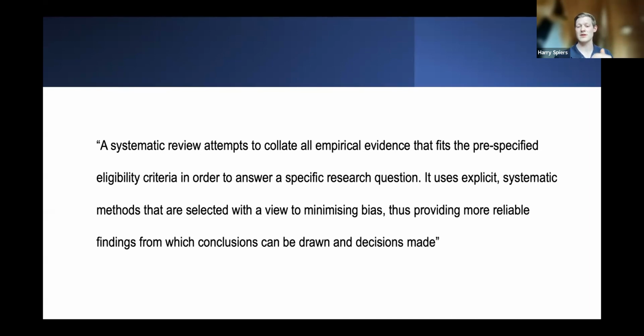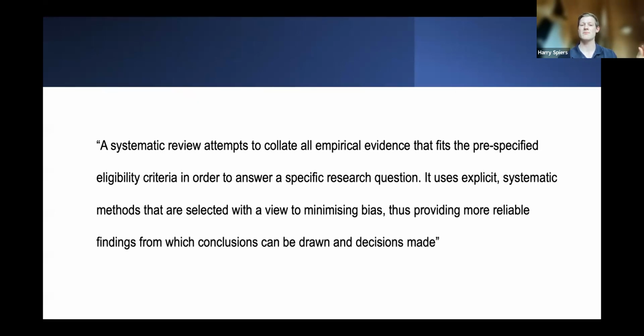The next part says it uses explicit systematic methods that are selected with a view to minimizing bias, thus providing more reliable findings from which conclusions can be drawn and decisions made. So systematic methodology is absolutely essential to a systematic review, and you should write down your methodology and stick to it.